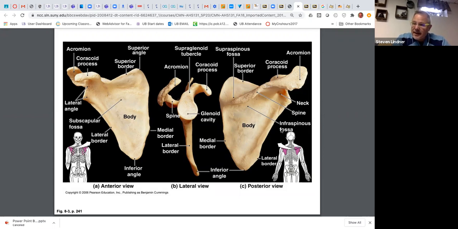The infraspinous fossa is where the infraspinatus muscle originates. The subscapular fossa is where the subscapularis muscle originates. Okay. Teres minor is going to originate somewhere off here, off the lateral or axillary border.